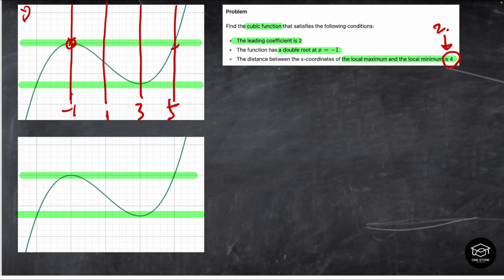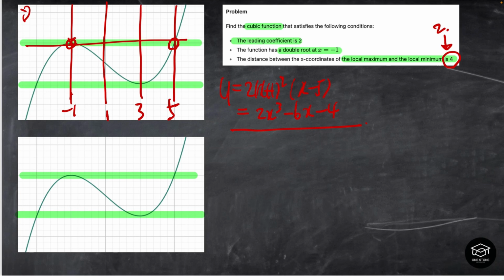Therefore, the function is f(x) = 2(x + 1)²(x − 5). Expanding, the product becomes x³ − 3x − 2. Multiplying by 2 gives the polynomial form f(x) = 2x³ − 6x − 4.